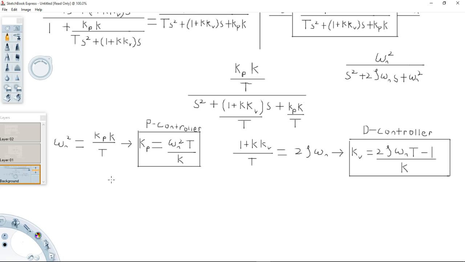So for simplicity, let's just say that omega n, so the frequency of the system, must be at least half of the resonant frequency. So when we change these values and we tell the system, hey, you have to be under the resonance frequency by at least a factor of 2, this tells the P controller what value to be to make this happen.